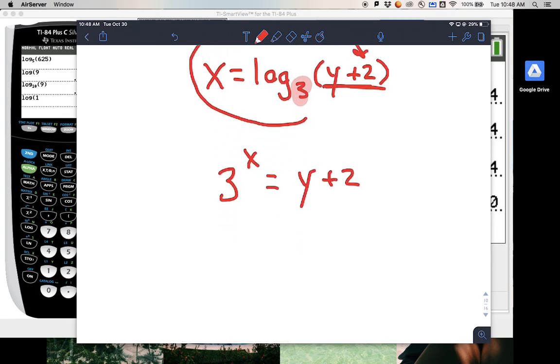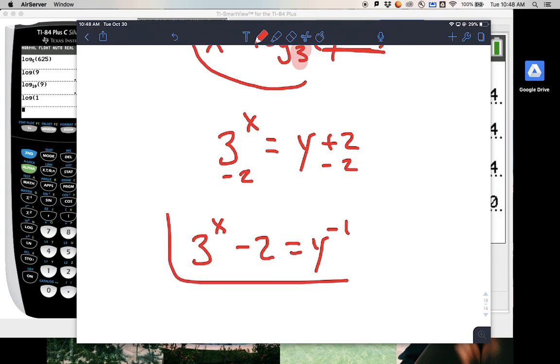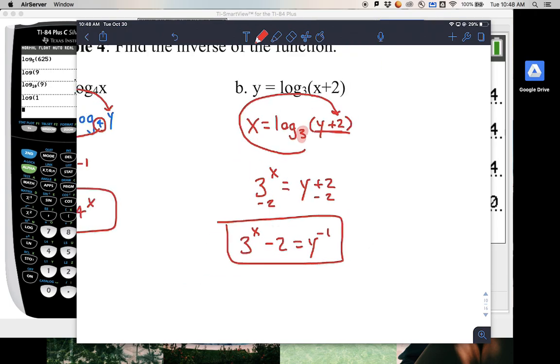Then finish getting y by itself by subtracting 2 from both sides. The way we write that is 3 raised to x and then minus 2. Make sure to emphasize that it's not in the exponent. Some people don't do a really good job of rewriting this. So that's what I would do: 3 raised to x and then minus 2, not in the exponent.